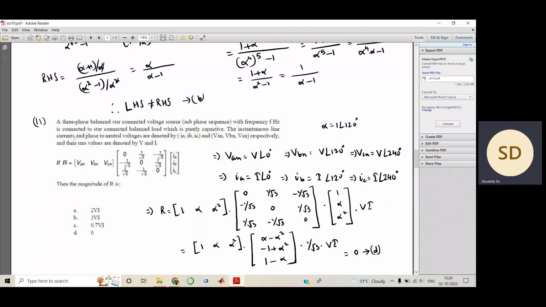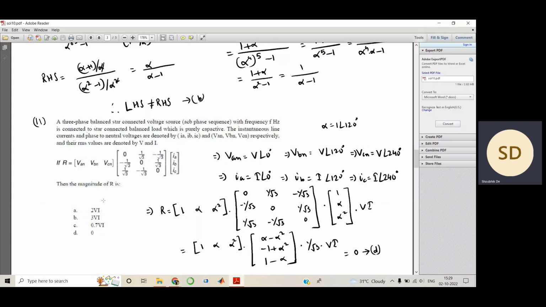The instantaneous line currents and phase to neutral voltages are denoted as IA, IB, IC, and VAN, VBN, VCN respectively, and their RMS values are denoted by this expression.